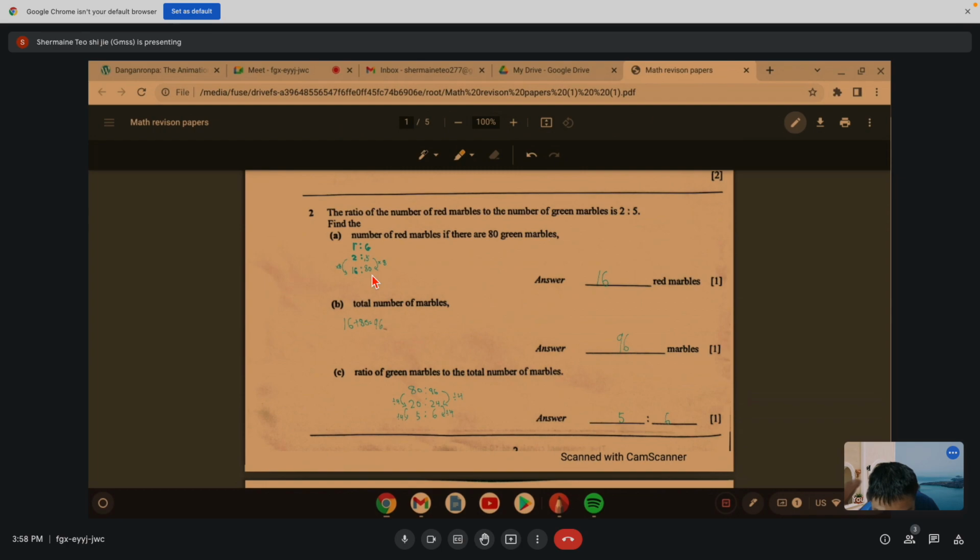How come you make this careless mistake? 5 times 8 is not 80, right? So what is the correct one? 16. Okay. Yep, please correct it.